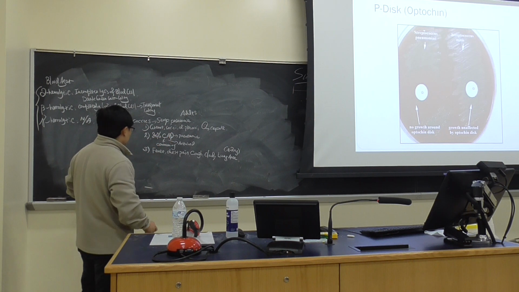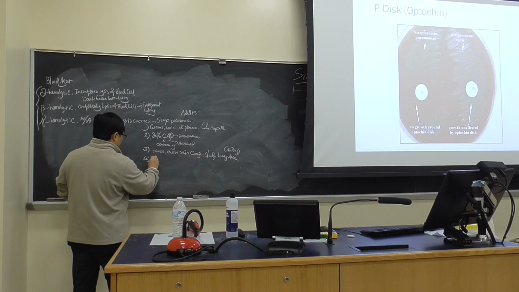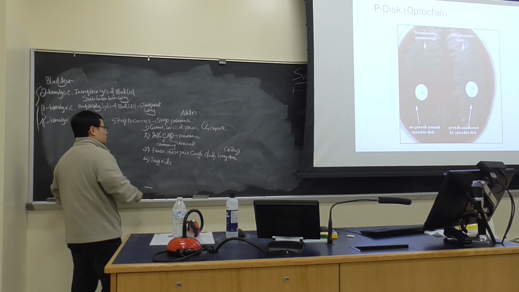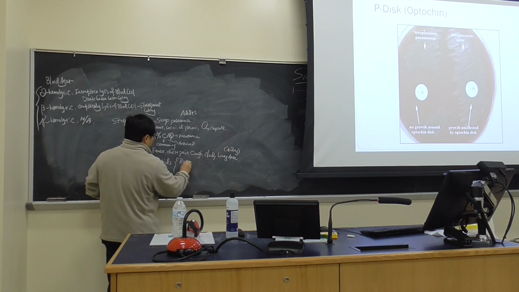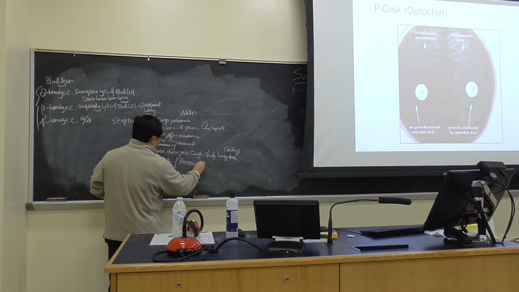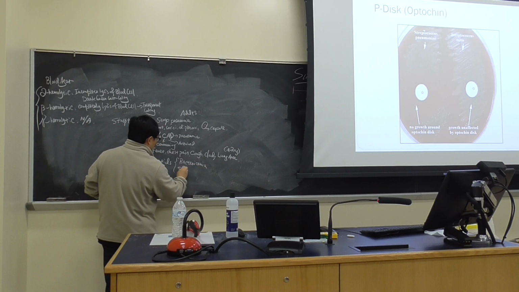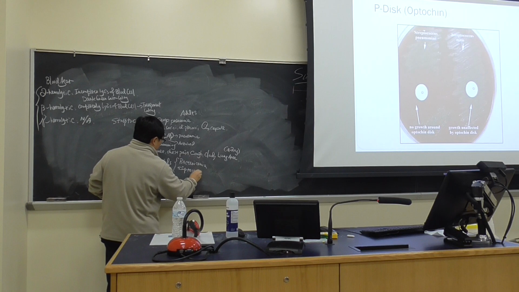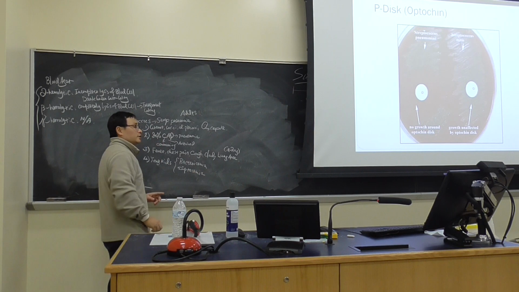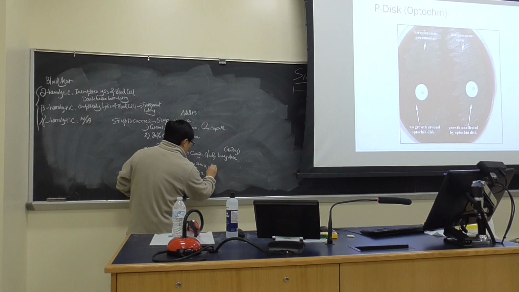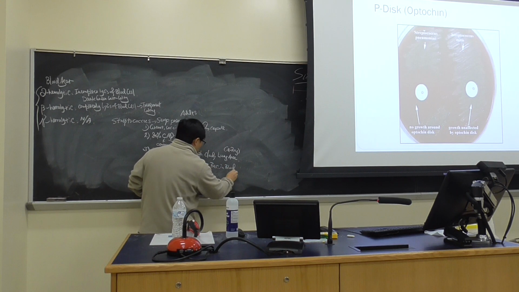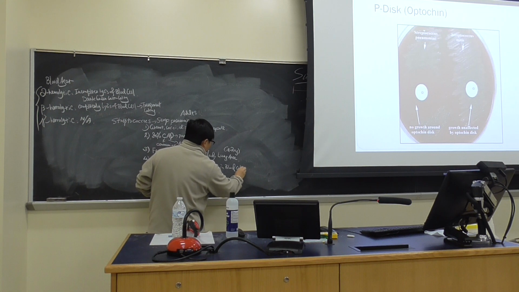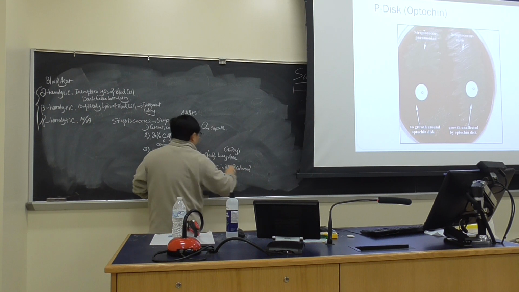How about young kids? If it's young kids, not only will they get pneumonia, they could get another two things: bacteremia and septicemia. What is bacteremia? Bacteria in the blood, colonization, which means the bacteria stay in the blood.